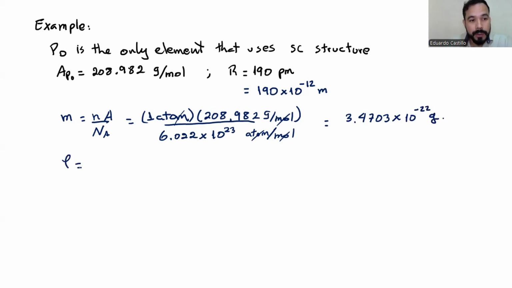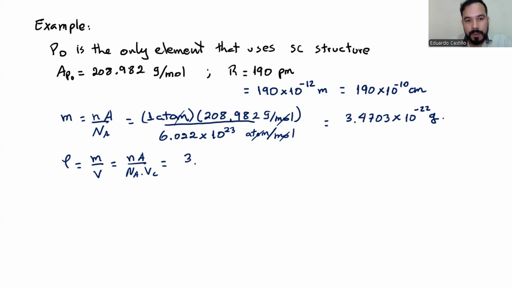And the density then will be equal to the mass divided by the volume, which we said can also be defined as N A over N A divided by the volume of the cell. Although the radius is in meters, I want to convert this into centimeters to have the density in units of grams per cubic centimeter. So this is also equal to 190 times 10 to the minus 10 centimeters.